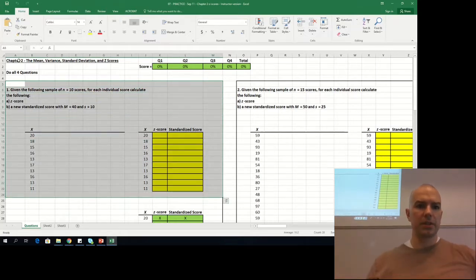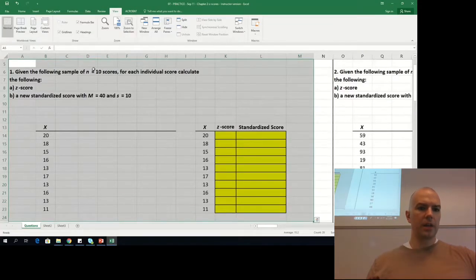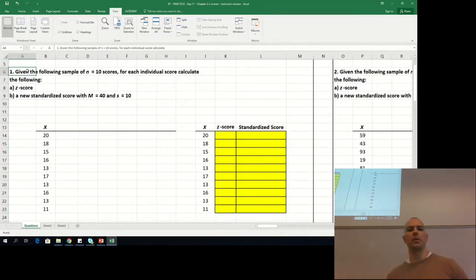So let me just zoom into that view. All right, so given the following sample of 10 scores, for each individual score, calculate the following. We're going to start off by calculating a z-score, and then we are going to follow that up by calculating a new standardized score with a mean of 40 and a standard deviation of 10.